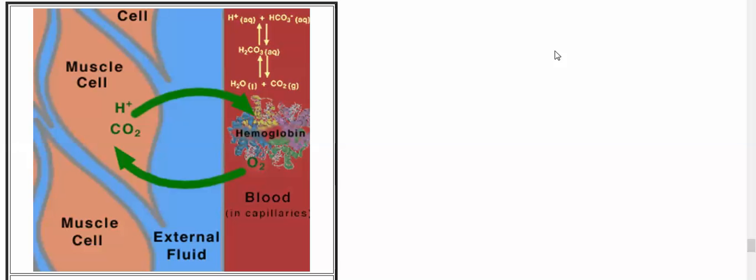If the amounts of those hydrogen ions and carbon dioxide are more than the capacity of hemoglobin, they're going to affect the carbonic acid equilibrium, and this is going to lower the pH of the blood, causing acidosis, which we talked about in a separate module.